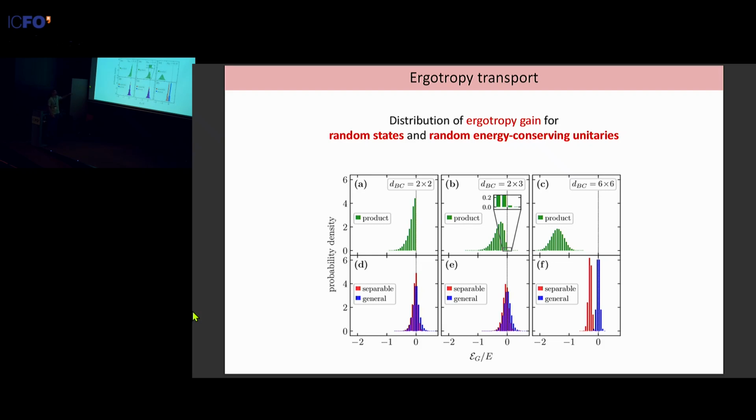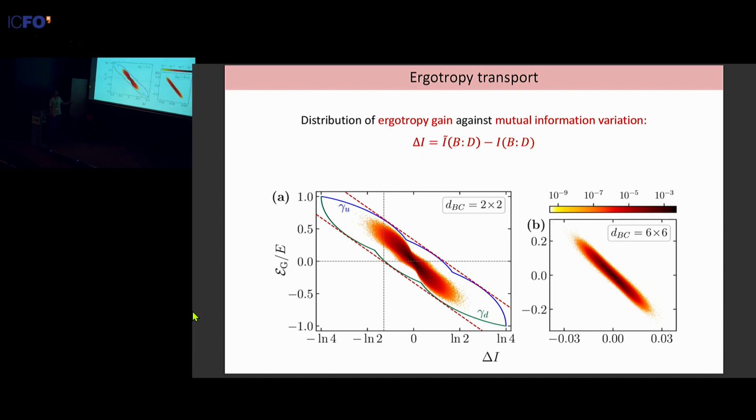Then you can do the same sampling, but for separable and general states, including entangled states. And you see, of course, that entanglement is very useful, because if you have general states, then you have a good chance of having positive ergotropy, especially as you go to higher dimensions.